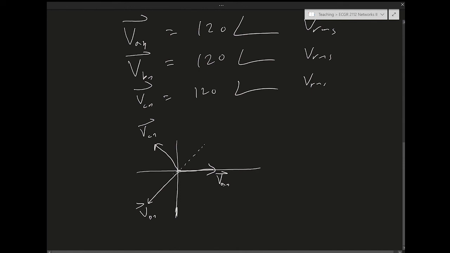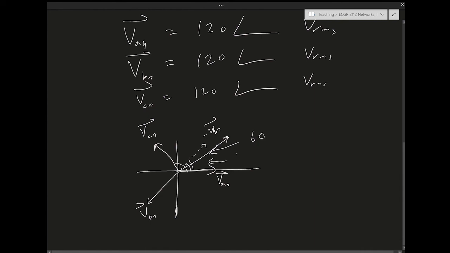It divides this angle here in half. This angle is 120. We divide it in half. So this angle is what? 60. Right? And this is minus VBN. Those two, minus VBN and VAN, have the same magnitude, so whatever the resultant is going to be is going to bisect this angle.